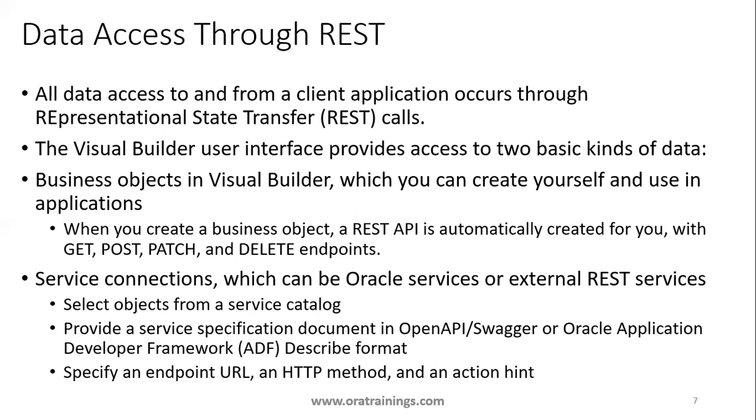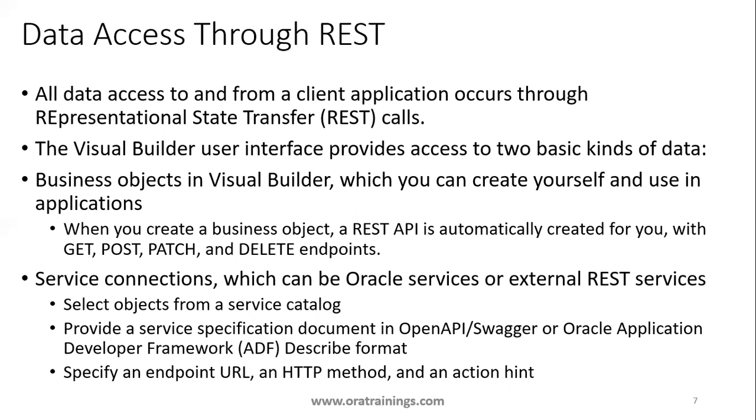Okay, and there are different ways of creating a REST application, like a business object or a service connection. I mean to say there are two ways you can access the data. One is using the business object, and the other one is a service connection. We'll have a detailed understanding of these two things when we design some more complex application.